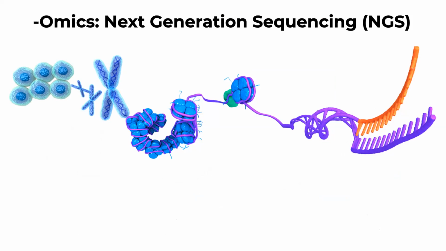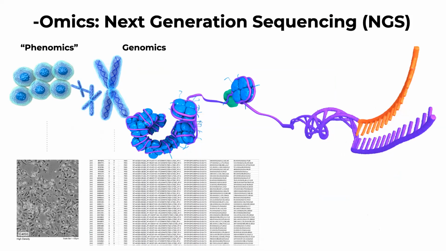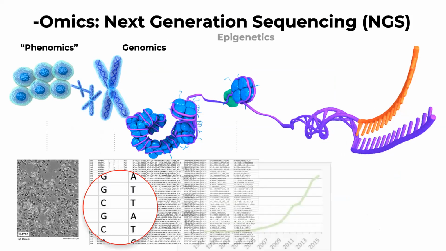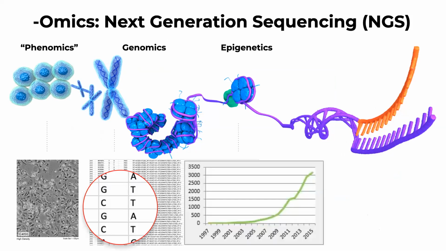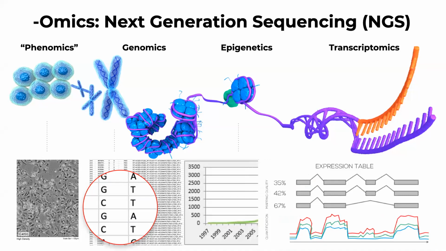When we talk about subcellular processes, we are going to discuss phenomics, how cells look; genomics, what is in the DNA and variation in the DNA; epigenetics or epigenomics, a more and more interesting and popular technique that allows us to study variation that is not based on what is encoded in the DNA; and transcriptomics, or how different genes are expressed.